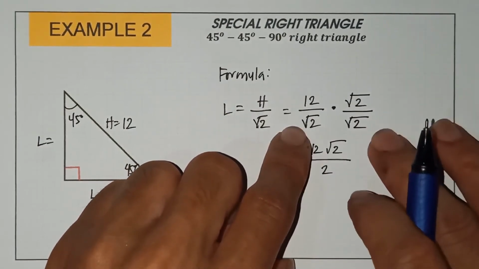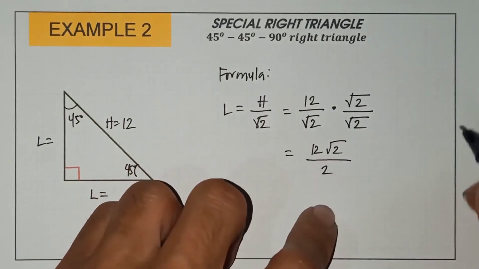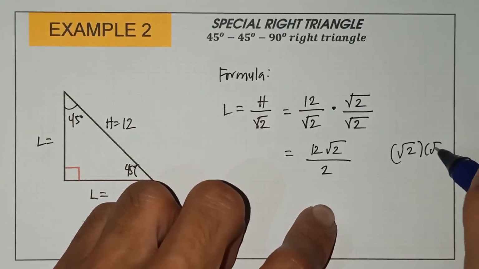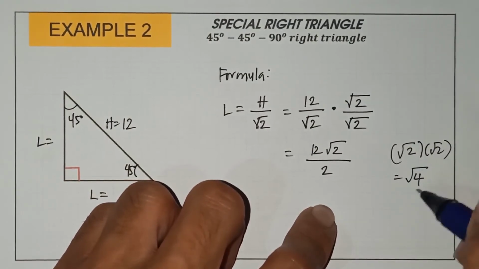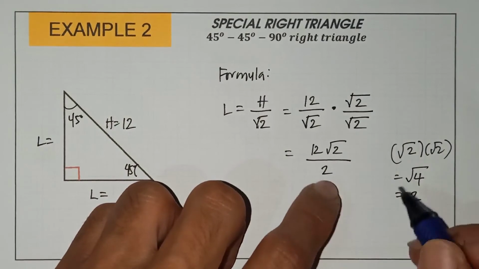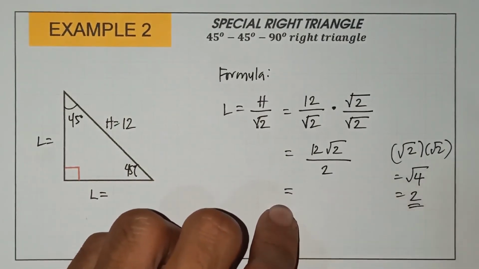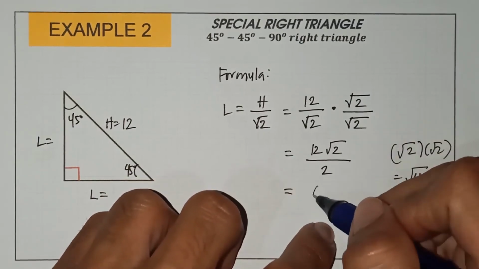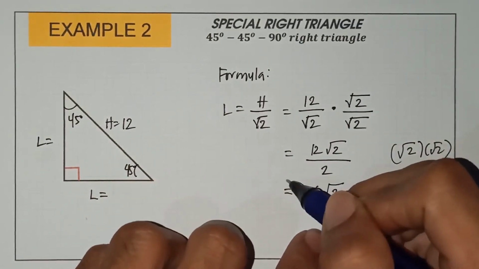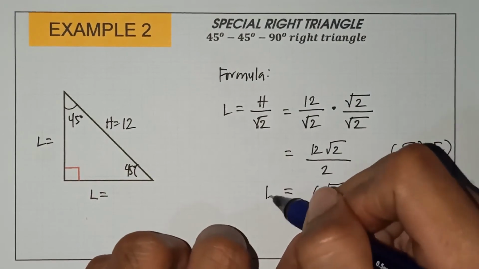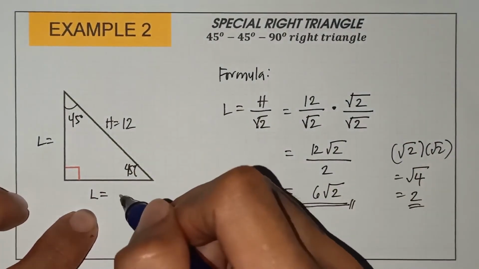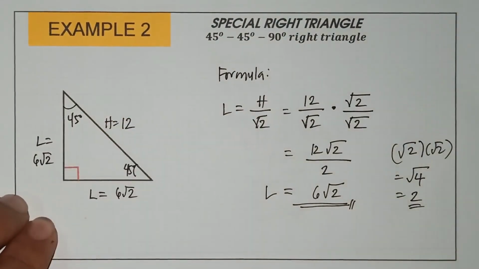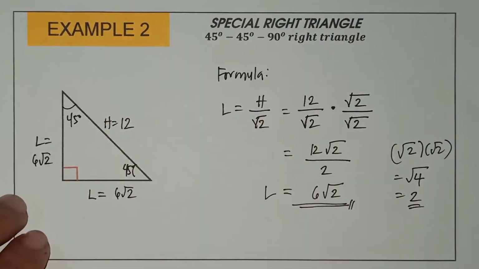Square root of 2 times square root of 2 is square root of 4, and the square root of 4 is 2. That is why it is 2. And we can now divide 12 and 2. That will become 6 square root of 2. This will be the value for the leg. So this leg is 6 square root of 2, and the other one is 6 square root of 2. That is the example for number 2.